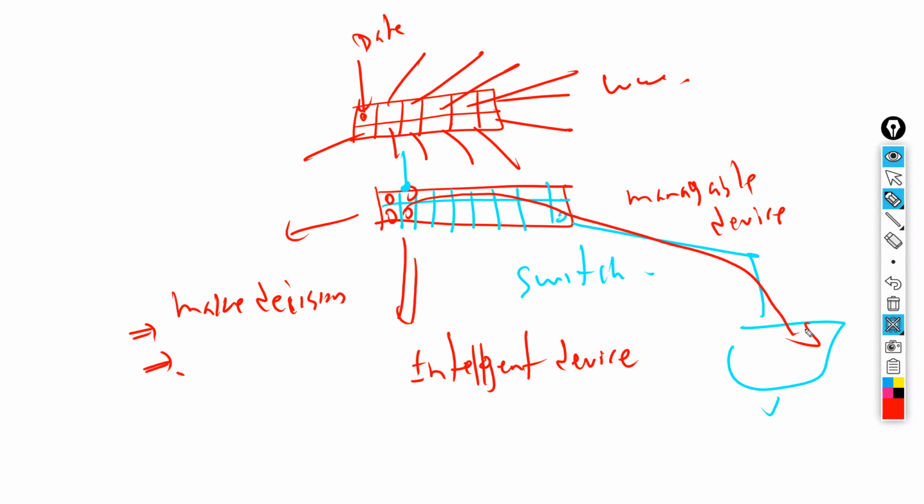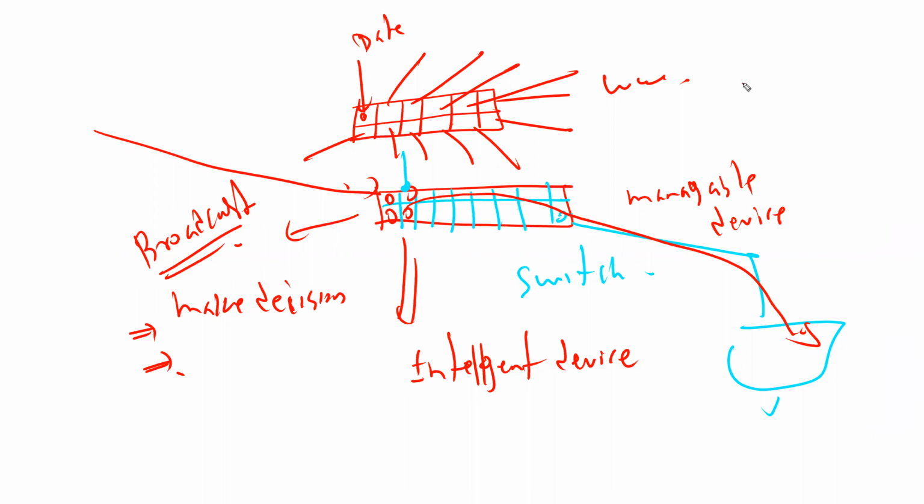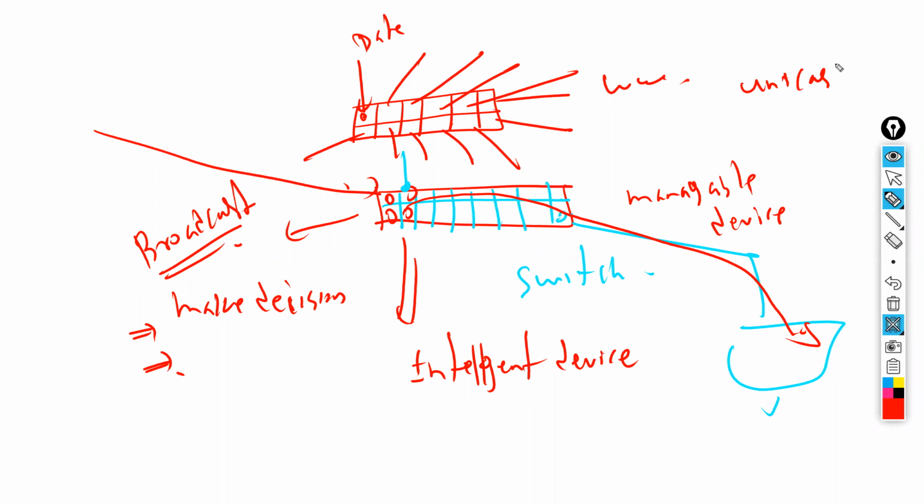Got it? The data comes from outside. The switch will never broadcast. It does unicast. Unicast means only one particular person.